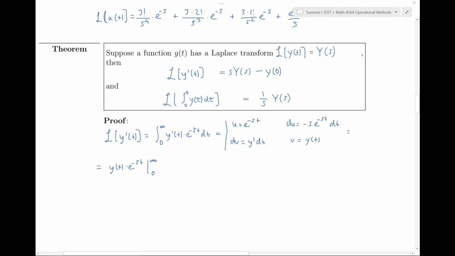And again, I'm not going to plug in infinity, I'm going to compute the limit of this product at infinity, plus, because minus and minus make it plus, the integral of y of t times s e to the minus st dt.